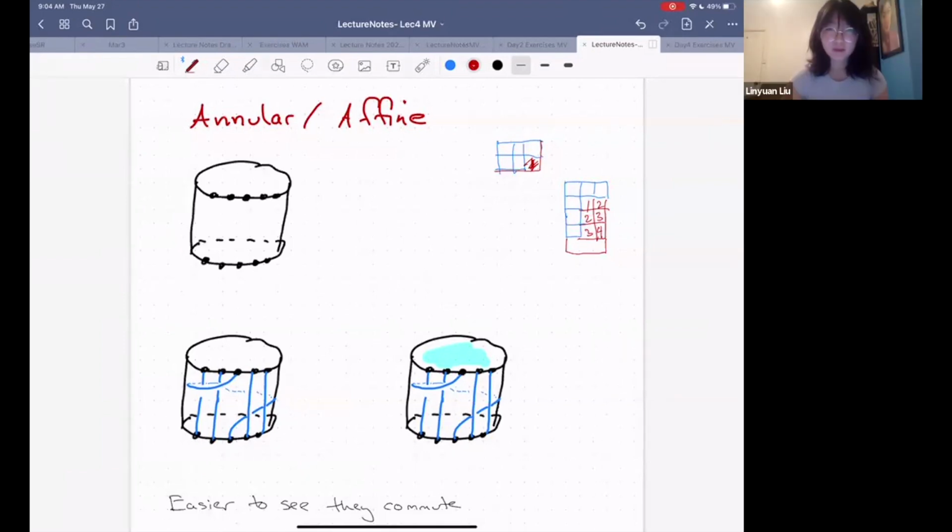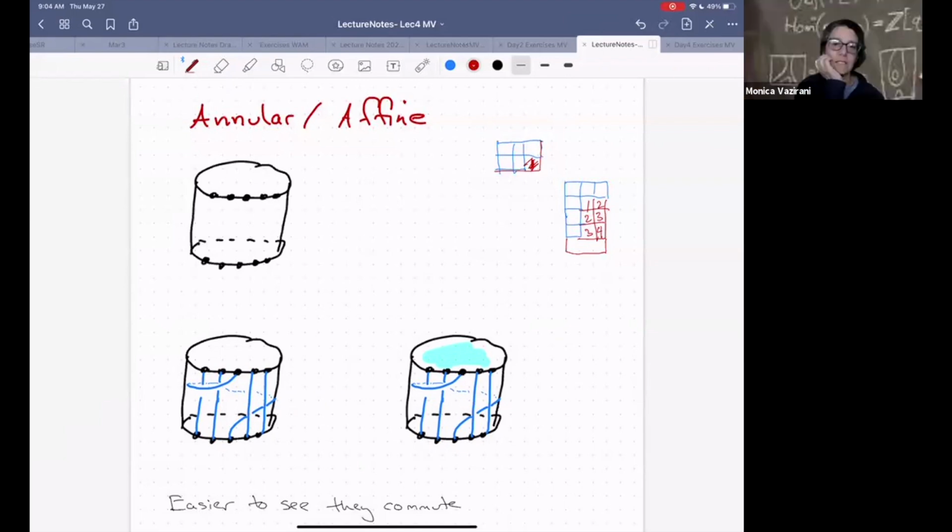There's a question in the chat by Sarah D. Browner. Is there some generalization of Jucys-Murphy elements to Coxeter groups? If so, do they have similar representation theoretical properties? Well, let's see. For type B, there's a way of seeing type B as a quotient of one of these annular or affine Hecke algebras, right?